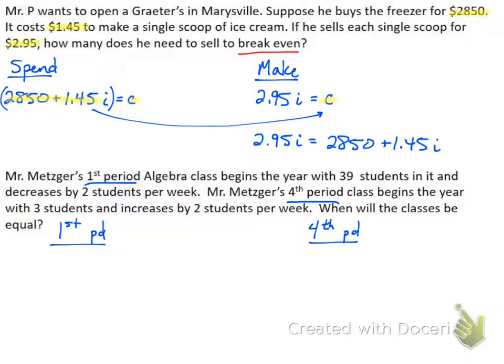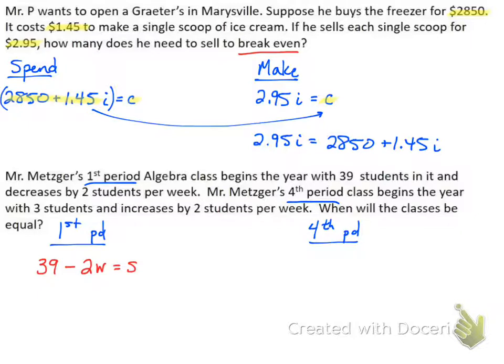And so in my first period class, this is going to be one that's kind of set up like a starting point and then a change. In my first period class, I start with 39 students, so 39 plus, and then the change is going to be 2. So I'm losing 2 students per week. So 2 times W is going to be equal to the number of students in my class.